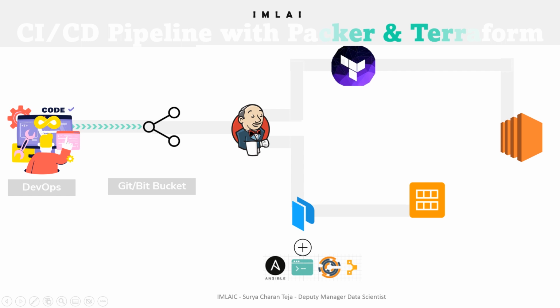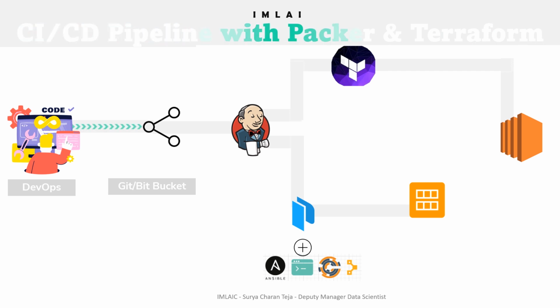They commit the code, they push the code, they integrate the code all together. So once the code has been pushed through Git or Bitbucket into GitHub or any other code repository, any source code manager.